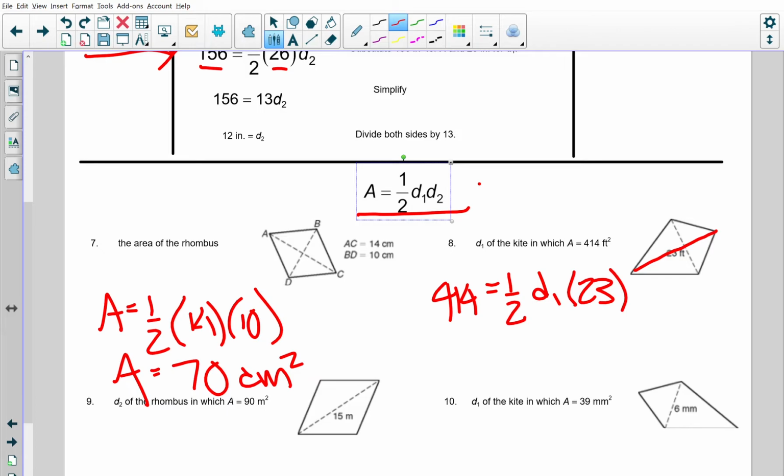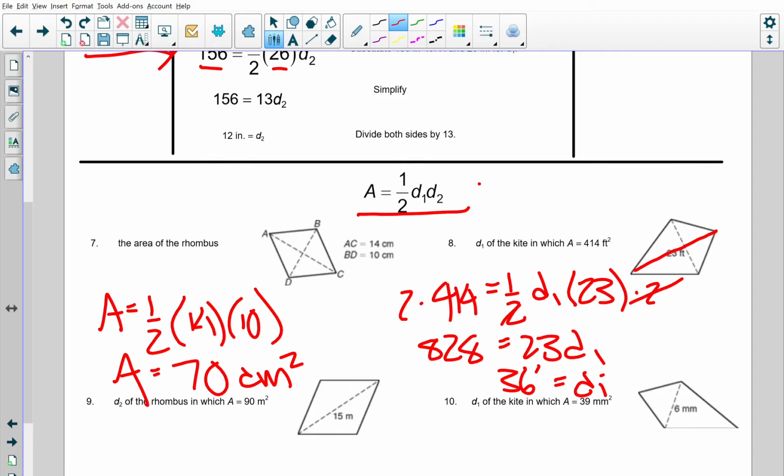Either multiply both sides by 2, that's easier, in my opinion, which gives us 828 is equal to 23 D1. And 828 divided by 23 is 36. Oh, that's not an I, that's a 1. You get the picture though.